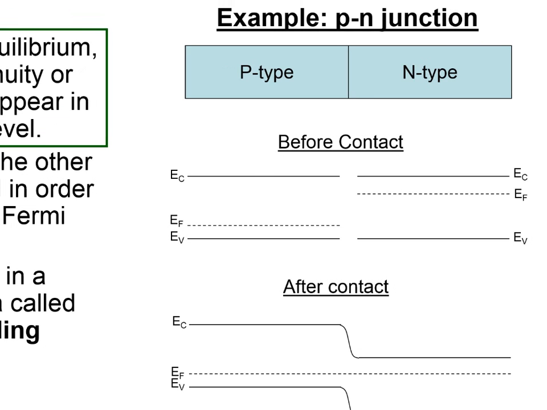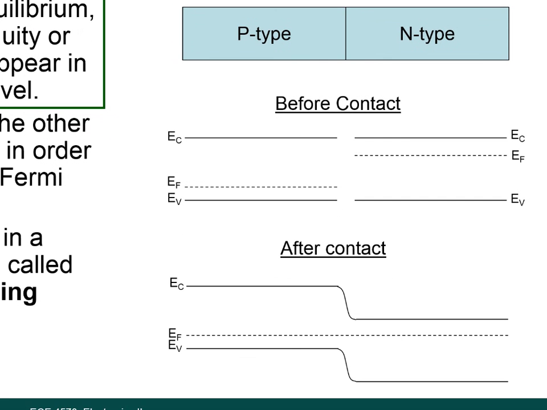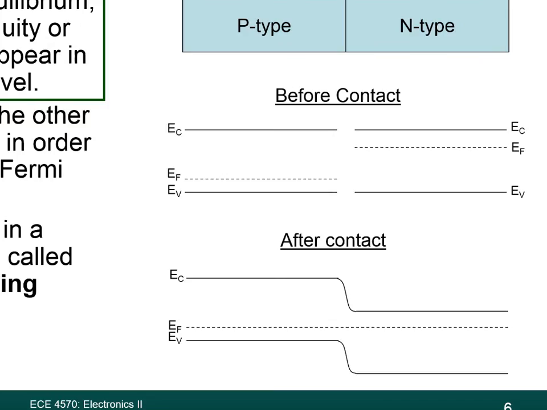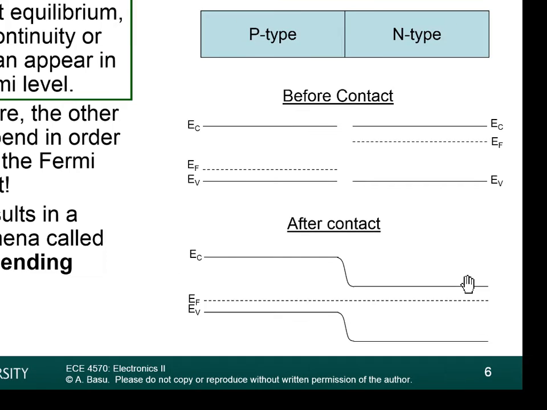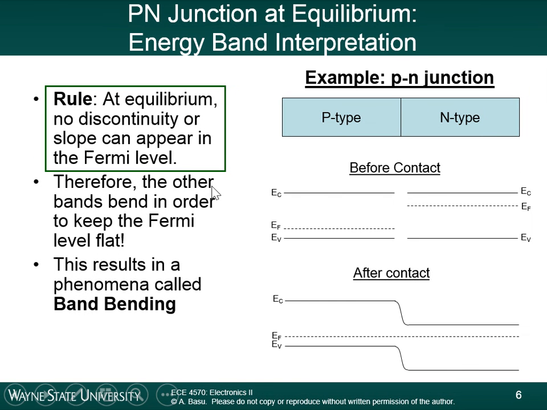So when you put the p-type and the n-type material together, what happens is that the Fermi levels come together and form a continuous Fermi level. At equilibrium, no discontinuity or slope can appear in the Fermi level.